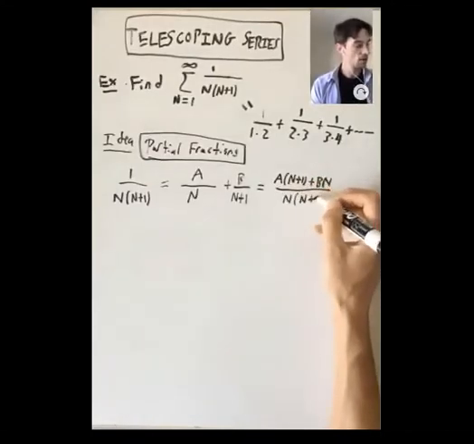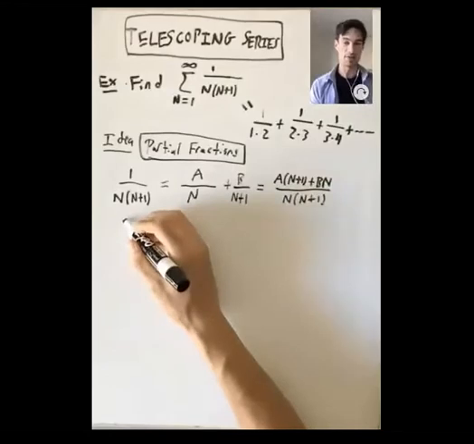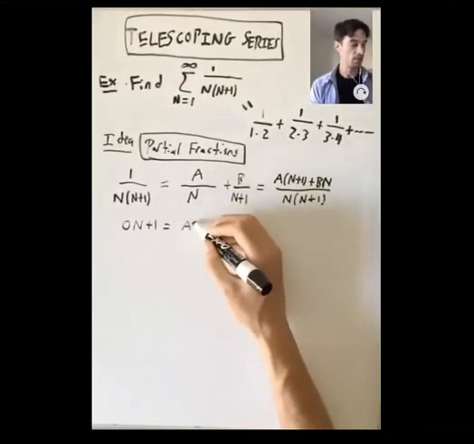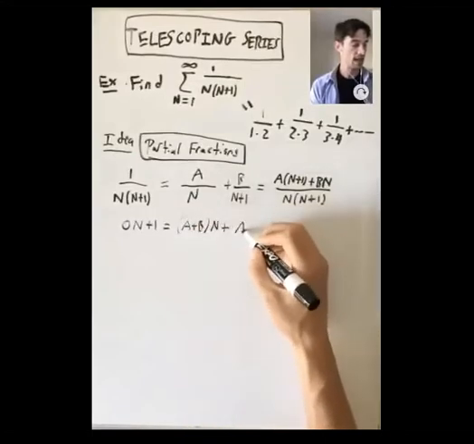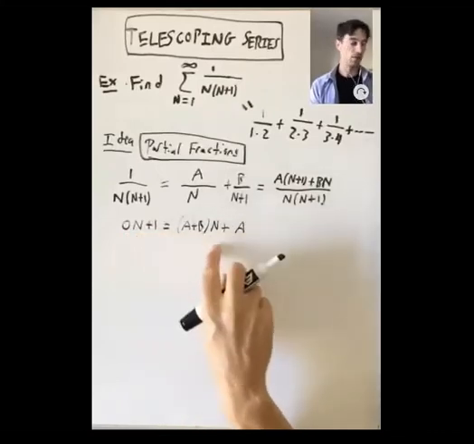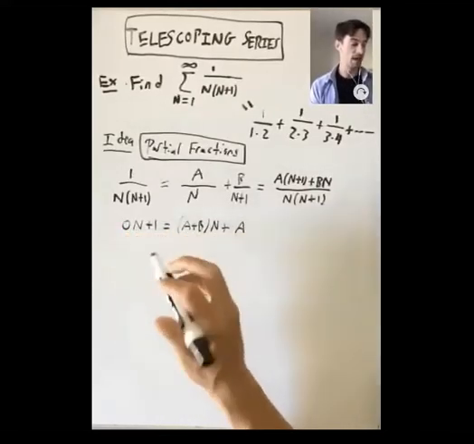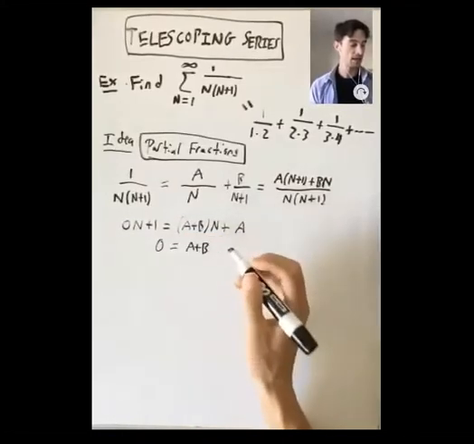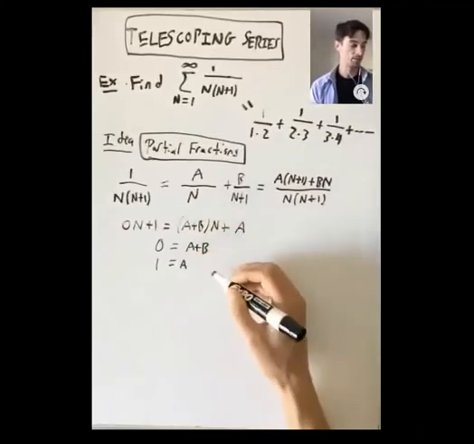So now we have two rational functions with the same denominator, so their numerators have to be equal. So 0 times n plus 1 equals a plus b times n plus a, which means the only way for this to be true for all n is if the n coefficients match up, 0 equals a plus b, and the constant coefficients match up, 1 equals a.